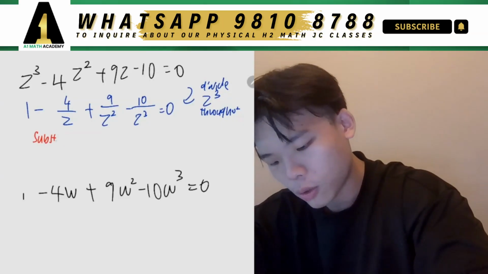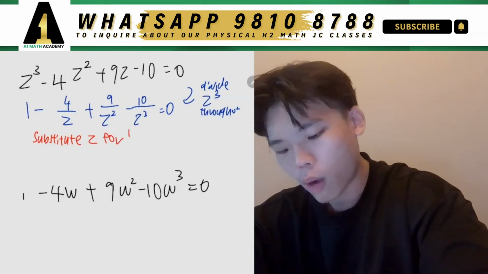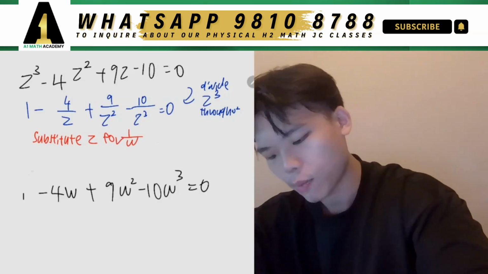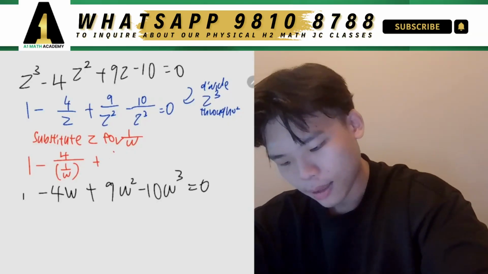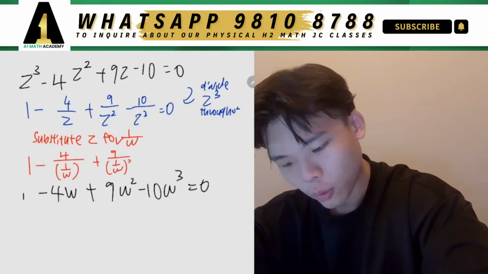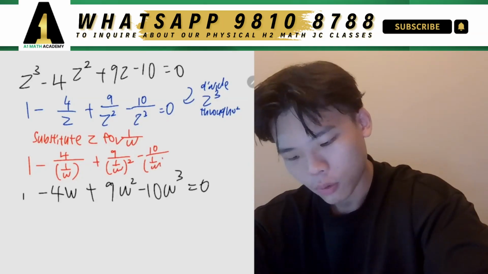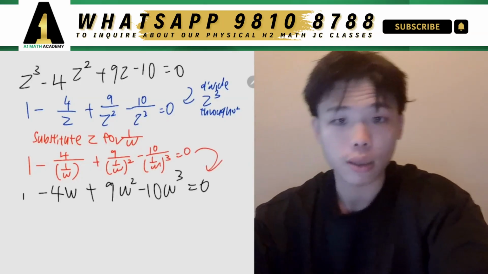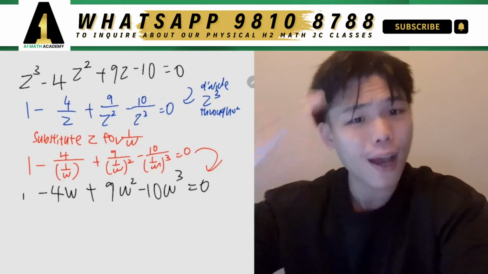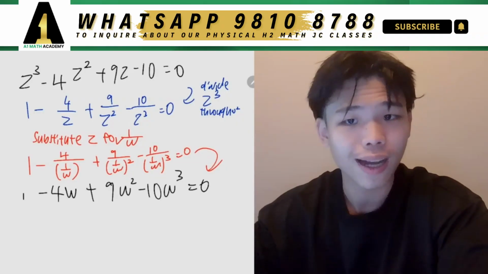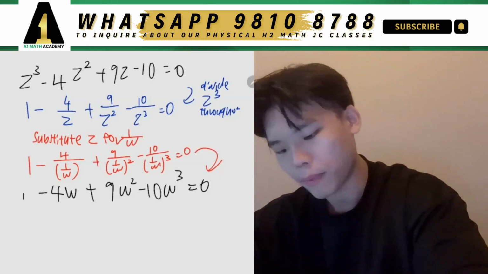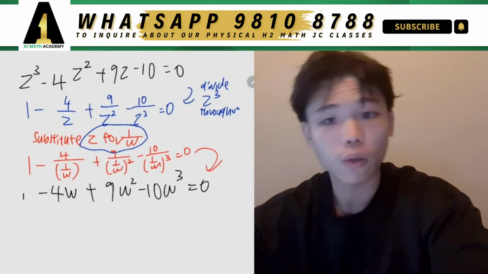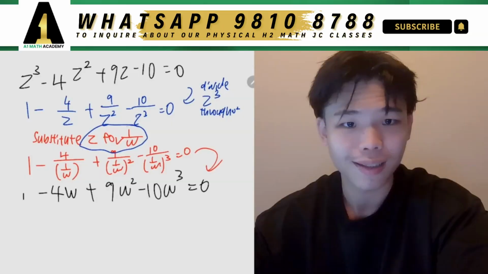Substitute z for 1 over w, and you end up with 1 minus 4 over 1 over w plus 9 over 1 over w squared minus 10 over 1 over w cubed equals 0, and that eventually leads you to this. So that is how we get to that. The way to solve this question is to replace the z initially with 1 over w, and that's how you get the answer.